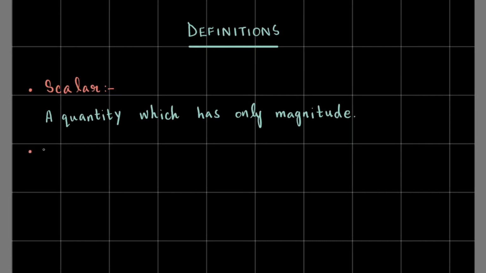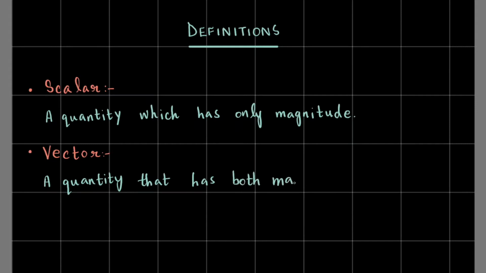And now we are going to be defining a vector. There's quite a standard definition of a vector, which is a quantity that has both magnitude and direction.